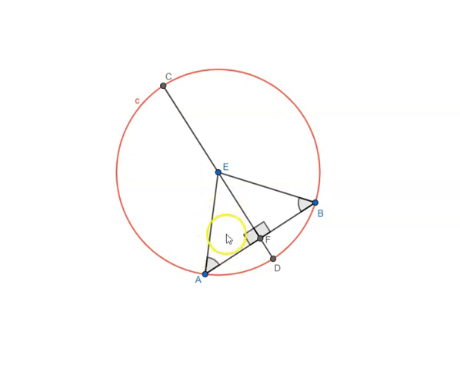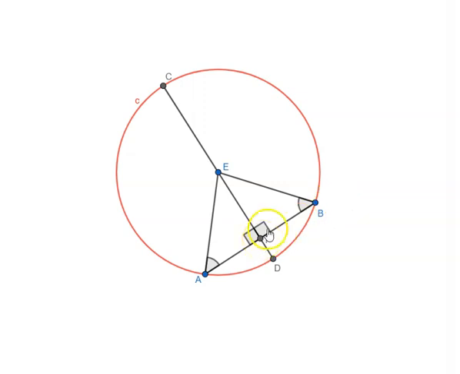Okay. So now coming back to these two triangles, we know that EA is equal to EB, radii of the same circle. We have these two angles equal. So using another proposition, we can say that these two triangles are congruent. And if they are congruent, that means all the corresponding sides are also equal, which means AF is equal to BF.